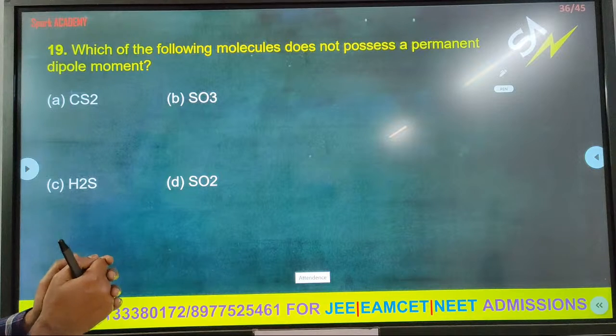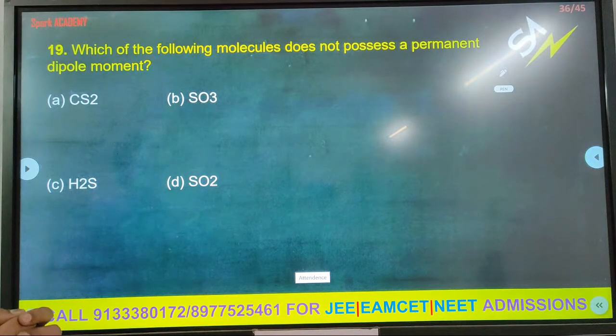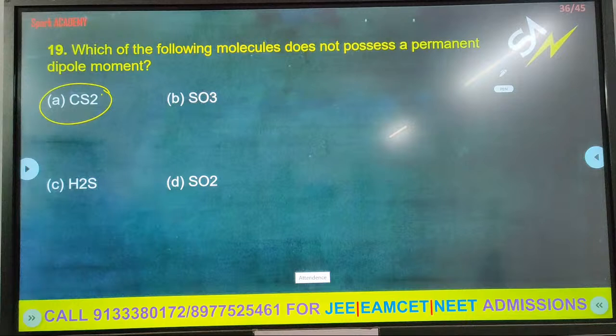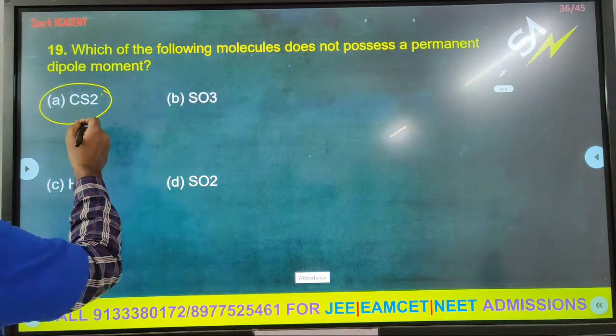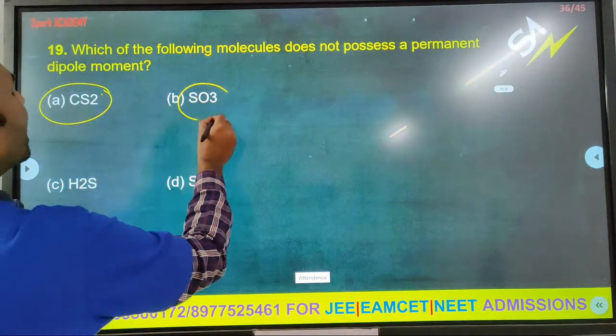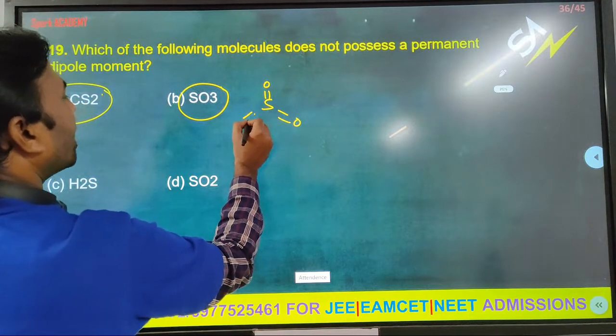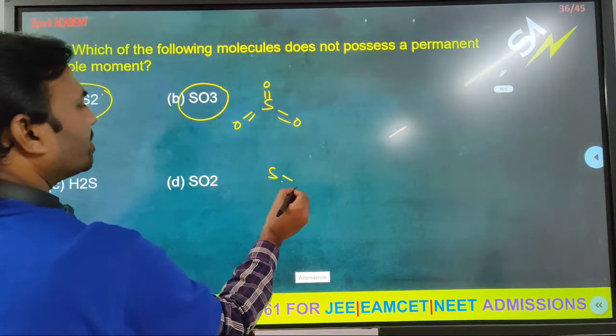Which of the following molecules does not possess a permanent dipole moment? So question number 19. Which does not, means which one is linear? Carbon disulfide, linear, does not possess a permanent dipole moment. SO3, SO2 is angular, and H2S is also angular.